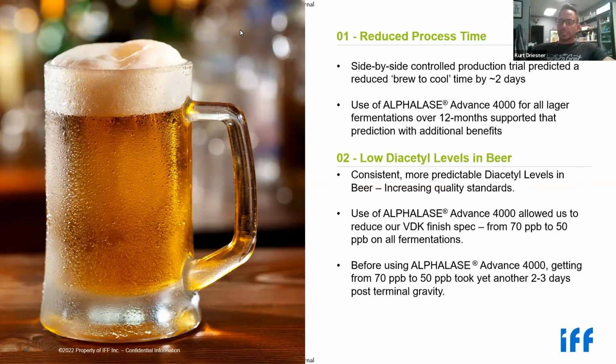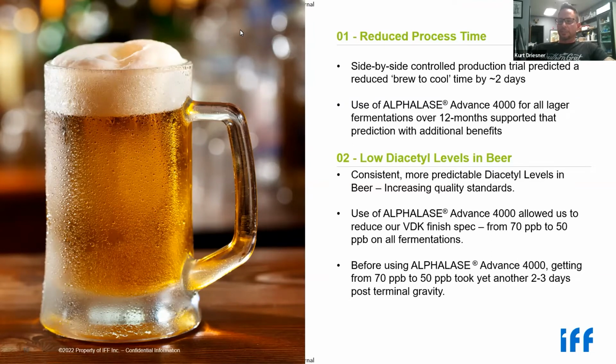So you don't necessarily want to go ridiculously low, especially in a whole malt beer. But you do want to have it at that point where nobody tastes it as a defect. So it's a little bit of a balancing act. But for us, we thought it was the smart move to go ahead and ride with it and bring our spec down to 50, seeing as it didn't massively interfere with our production schedule. And ultimately to us it was a higher quality product.